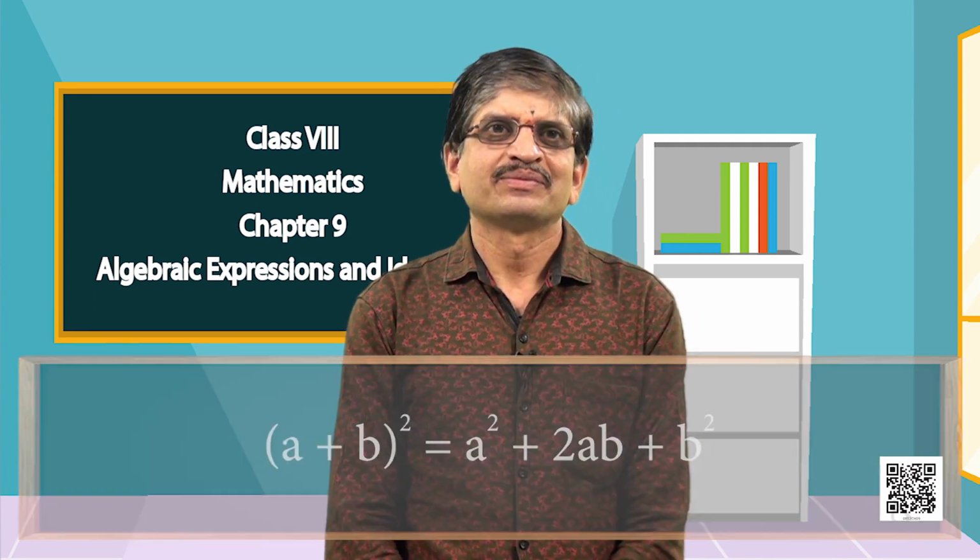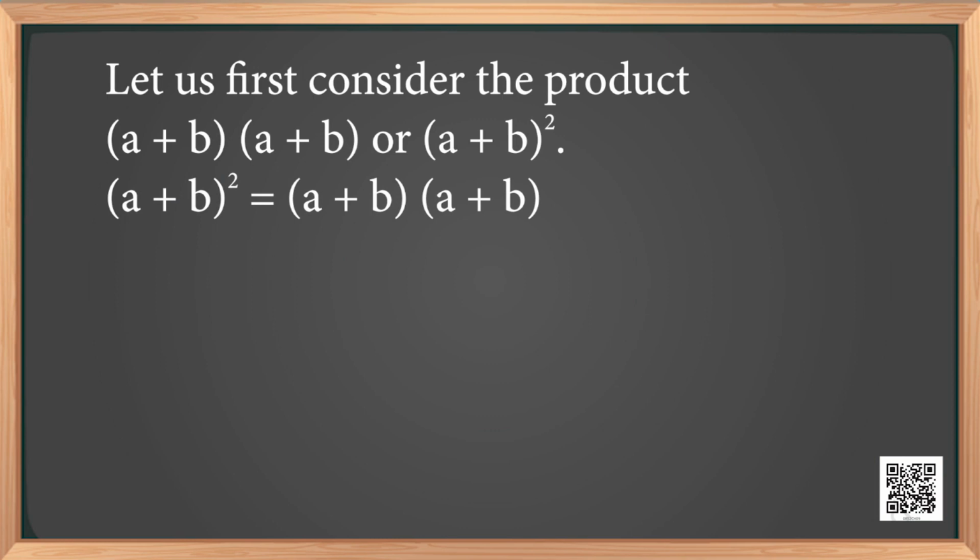Let us consider the product a plus b times of a plus b, or a plus b whole square. A plus b whole square is equal to a plus b times of a plus b.